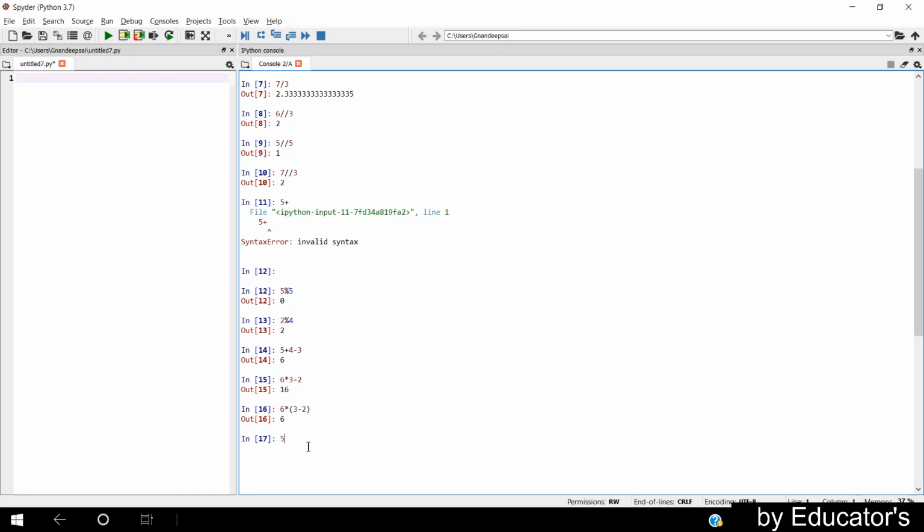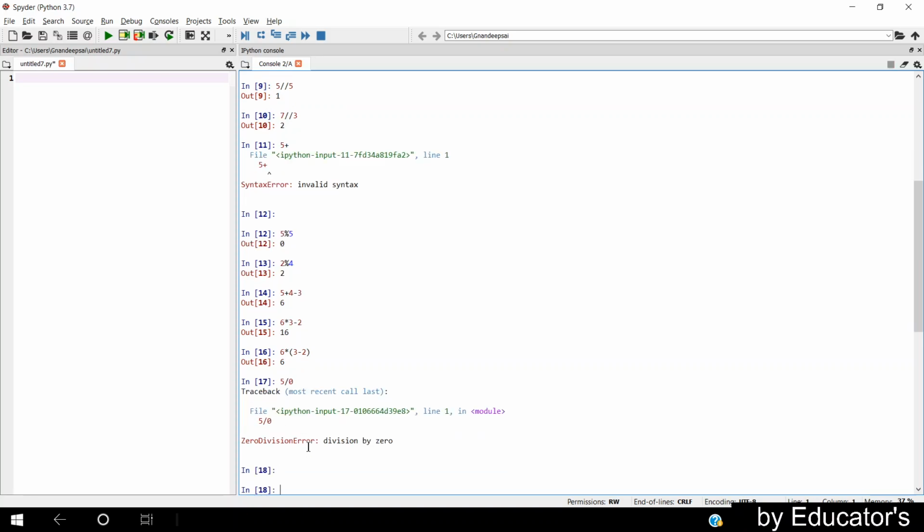In arithmetic there is an error message. What if I divide 5 by 0? ZeroDivisionError. Division by 0 is not possible. So I used proper syntax, I followed all the rules, but did something that Python cannot do. So ZeroDivisionError is the error that showed up.